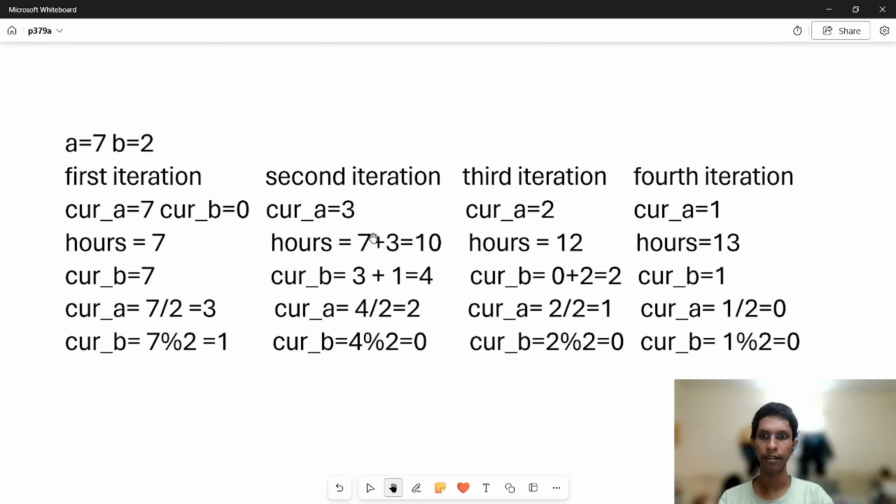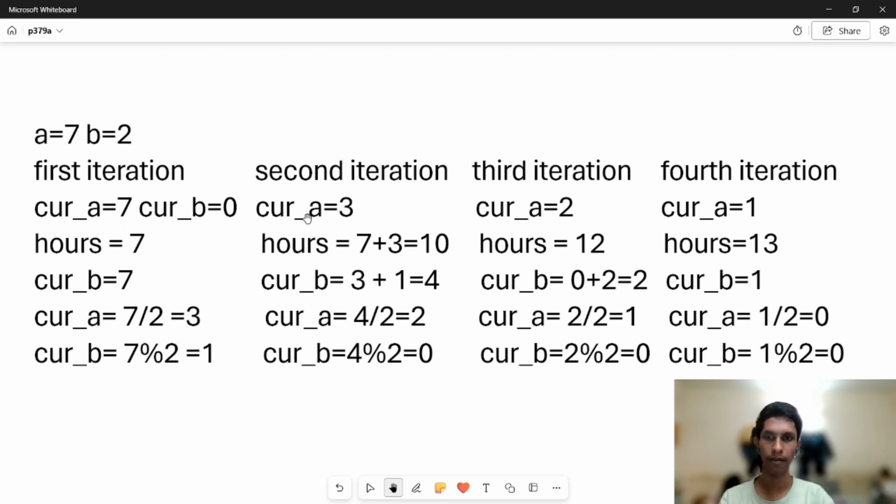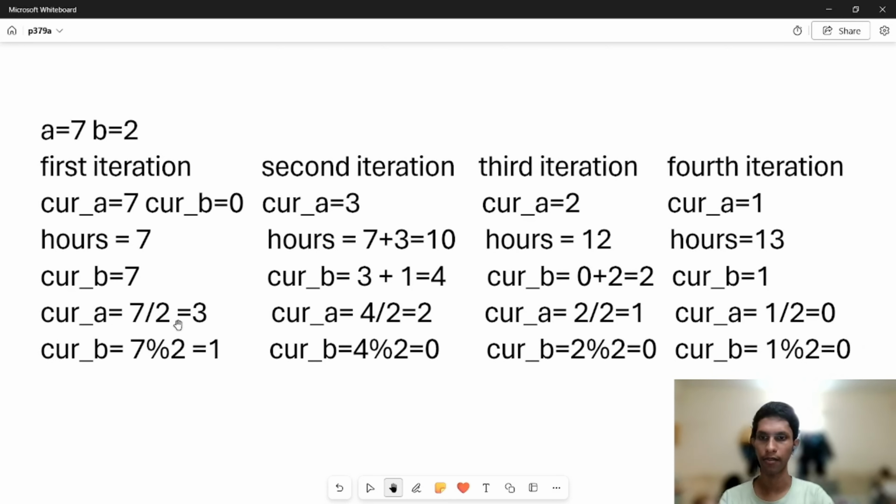For the second iteration, the value of current A will be 3, which we have calculated here. So the number of hours these 3 candles will burn will be 3. So the number of hours will be incremented by 3. The total number of hours that we currently have in the second iteration will be 10.